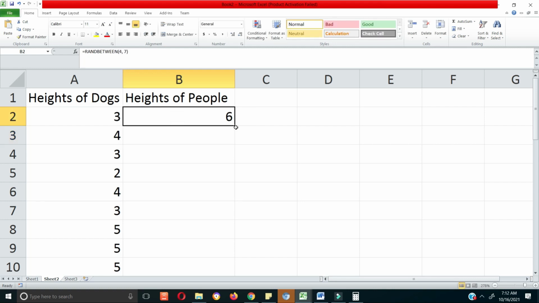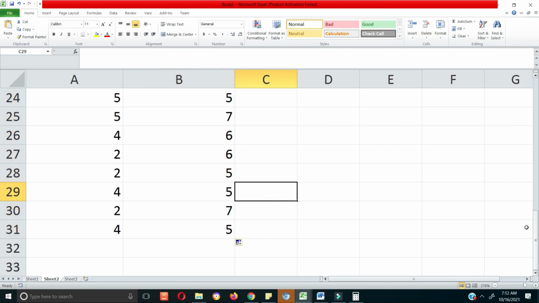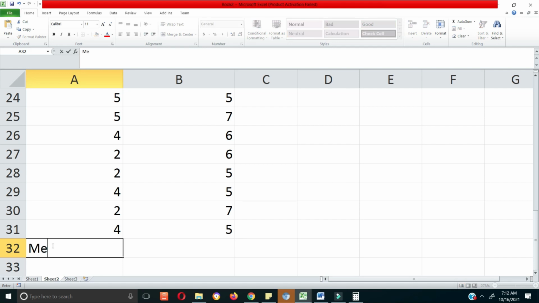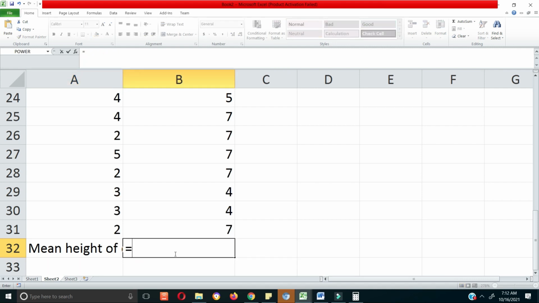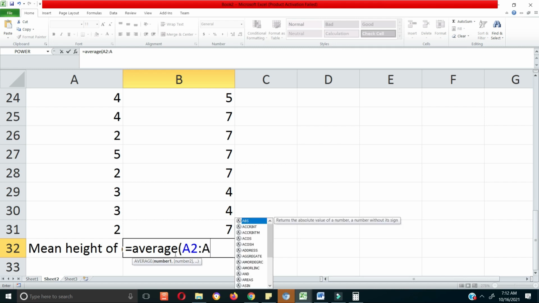So let's see what happens now. If you look at the means of this data, the mean height of dogs is going to be the average of the values in column A, so A2 to A31.